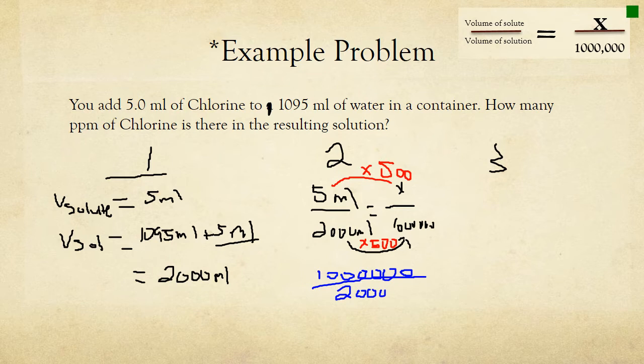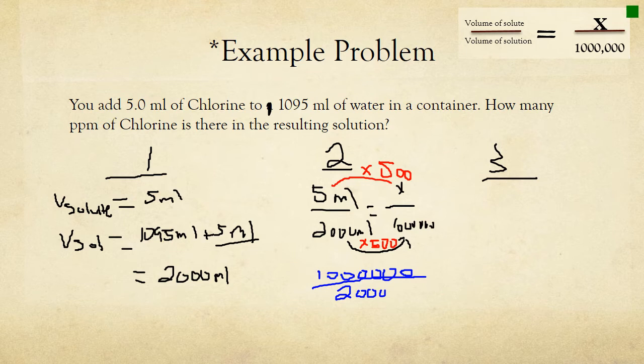Your third step is when you report your answer, and of course you report it with the proper units. Don't forget your units. In this situation, we're reporting in parts per million.